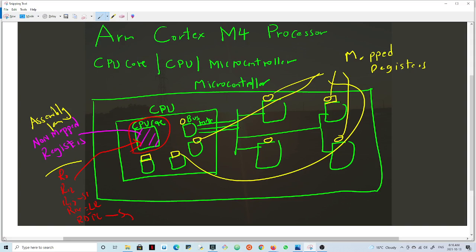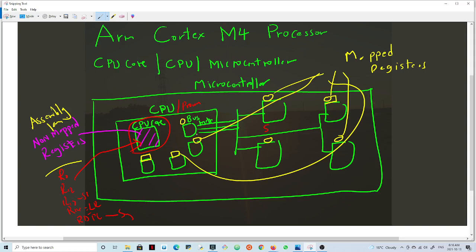So this is a brief overview of a microcontroller, the difference between the CPU or the processor here, the CPU core and its associated peripherals, and the other vendor-specific peripherals of a microcontroller.